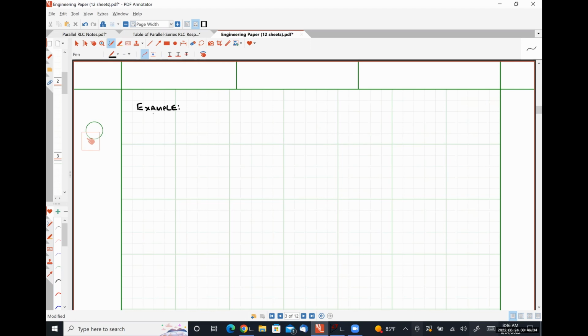Let me see if I can find one very quickly here in this textbook that will allow us to look at a different type of response. I think this one is a winner. Okay, so here is our circuit of interest. We are going to have a 1/4 Henry inductor here.